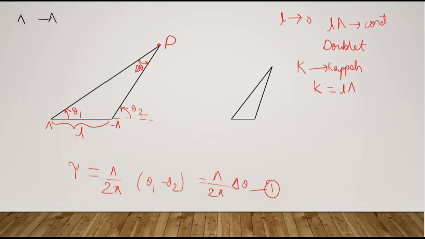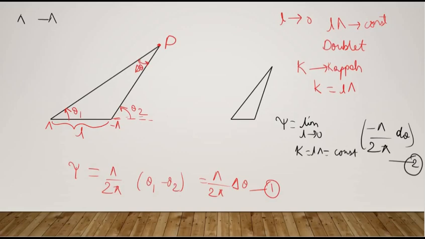If I want to write the stream function for a doublet flow using equation 1, I can write it as psi is equal to the limit L tends to 0, with kappa equal to L lambda equal to constant, of minus lambda by 2 pi into d theta.